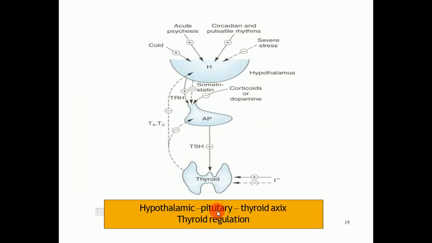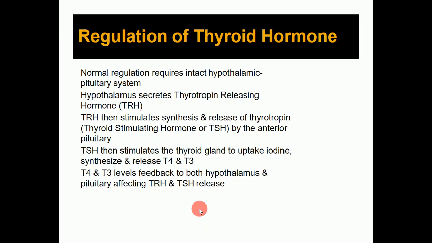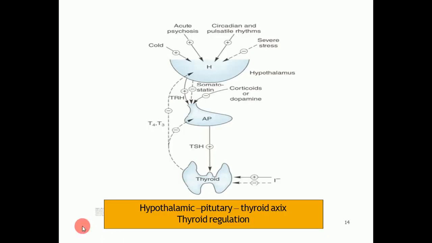This is the same mechanism by which hypothalamic, pituitary and thyroid axis regulation takes place. These are the different types of hormones secreted here. This is T3 and T4. This is cold, this is acute psychosis, circadian and pulsatile rhythm, and this is severe stress conditions.